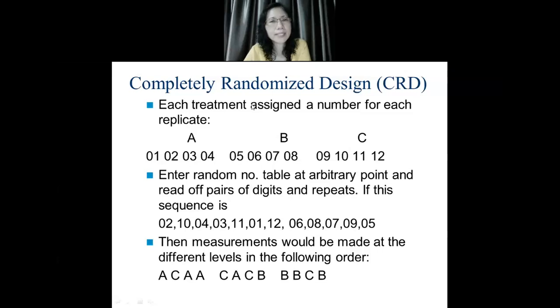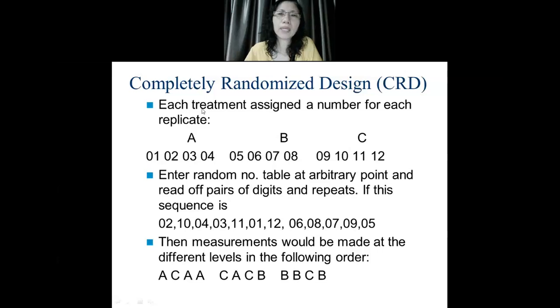Now, one design is called completely randomized design, in short we call CRD. This is a kind of design where we use one-way ANOVA to analyze the result.